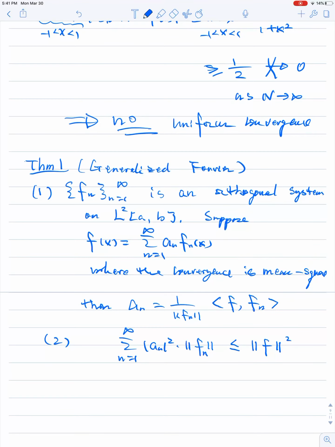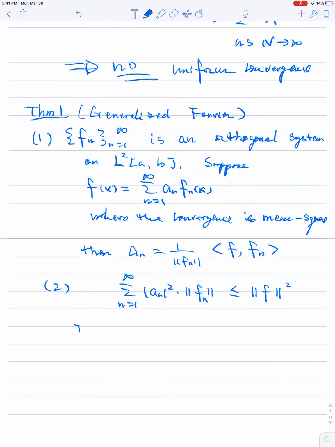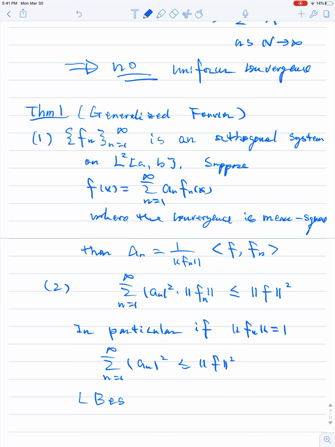In particular, if f_n is normalized, that means its norm is 1, then we have this inequality, which is called Bessel's inequality.